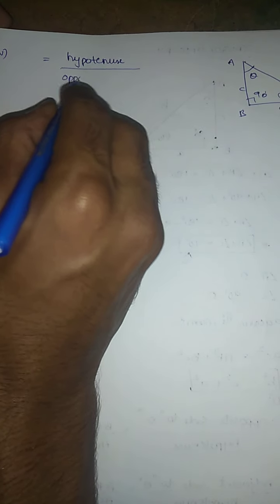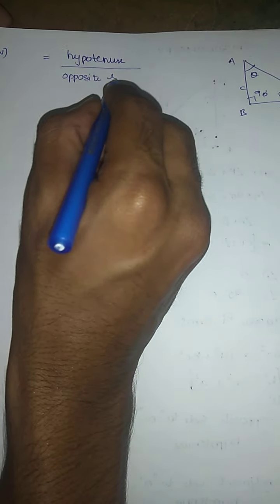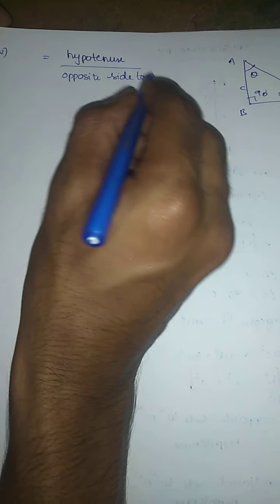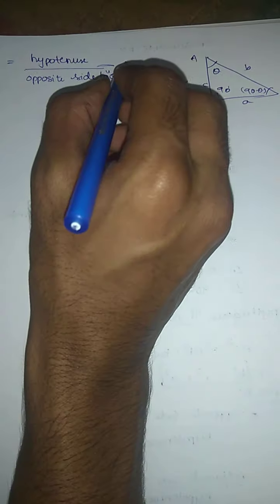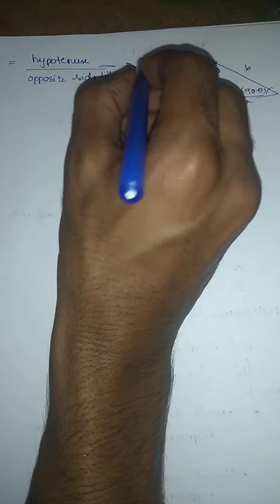It is hypotenuse by opposite side to theta. What is opposite side to theta? Opposite side to theta is BC. So BC. What is hypotenuse? It is AC. Okay, got it?